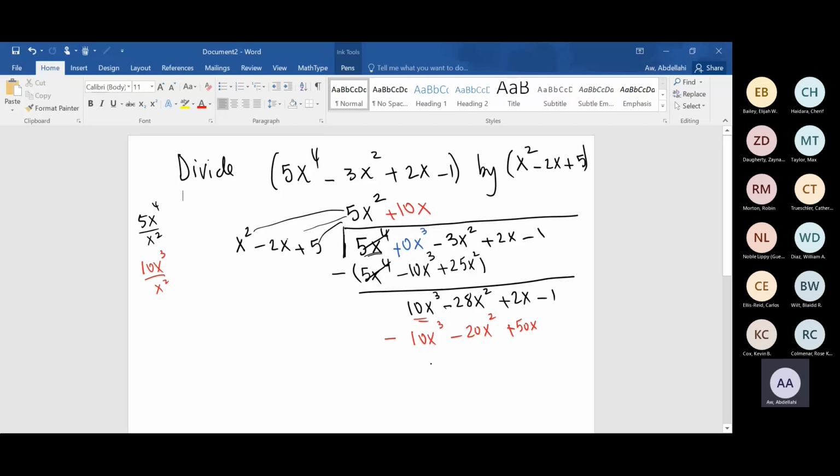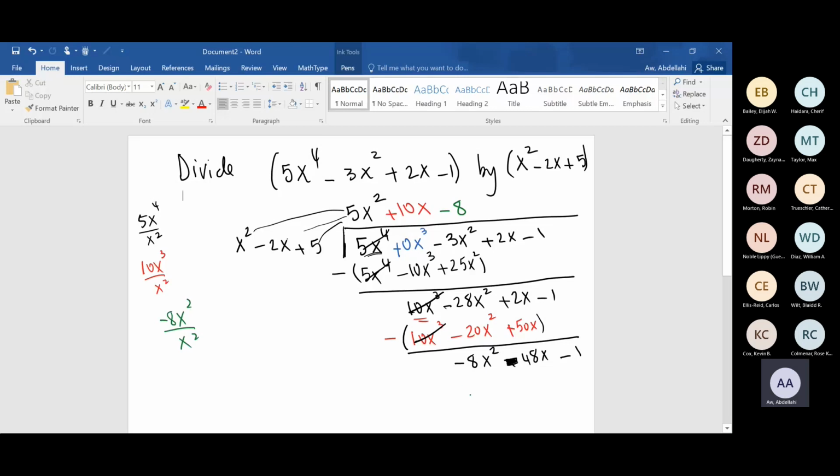All right. So we subtract here. These two cancel out. We're going to get negative 8x squared minus 48x minus 1, right? And finally, we're going to divide negative 8x squared by x squared, so we get negative 8.